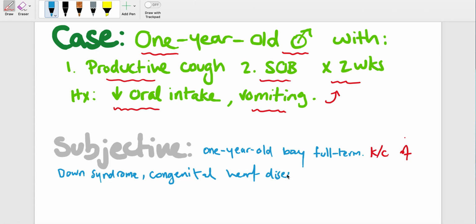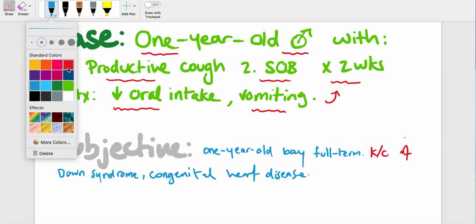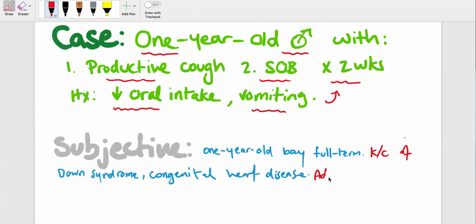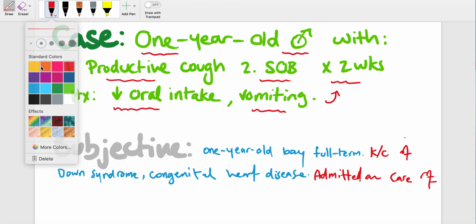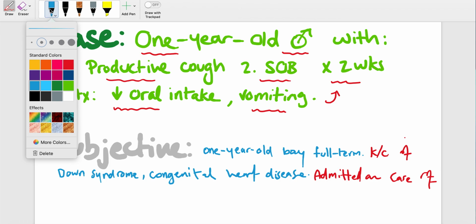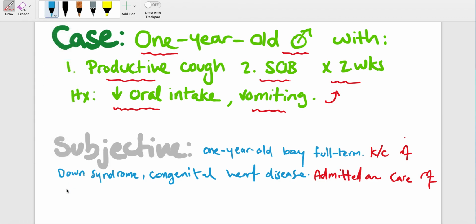Then another common word, which is admitted. So admitted as case of. In our scenario, he was diagnosed with pneumonia, so admitted as case of pneumonia.